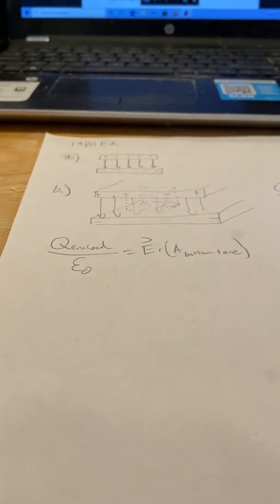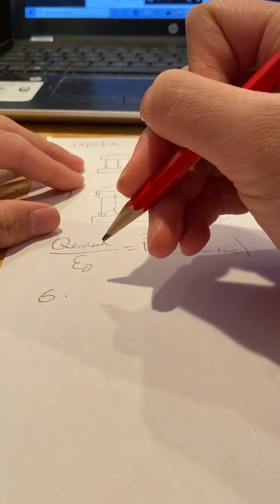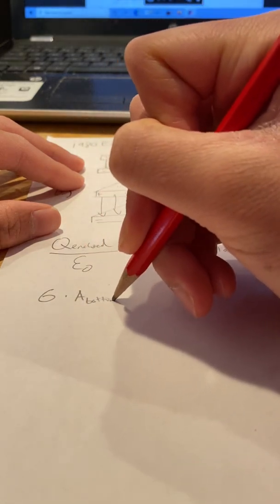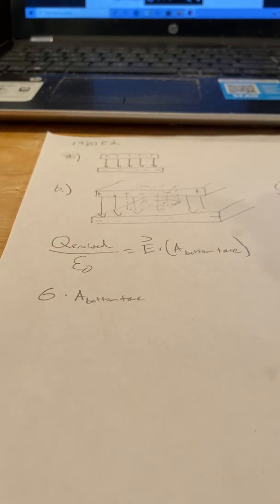So the charge enclosed would be the charge density times the area of the bottom face. And the reason it's the area of the bottom face is because we know this rectangular prism is only touching the top plate, because the bottom face is between the two plates, and it says the top face is inside the top plate.